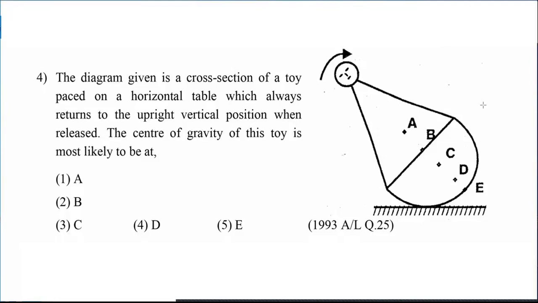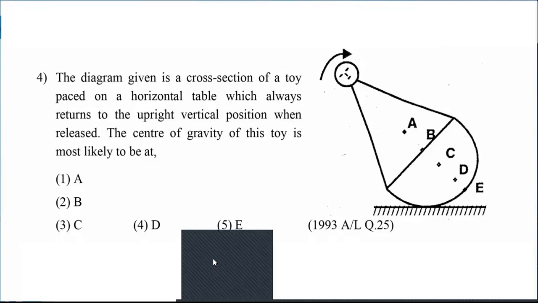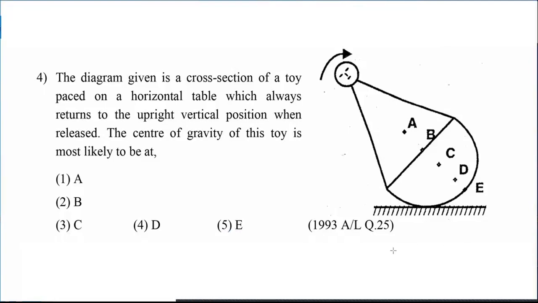So how do we find that point there? Listen here. First of all, we should find the point of contact. What is the point of contact? Let me mark it. The object is in contact with the ground here. So this is the point of contact. Am I right?